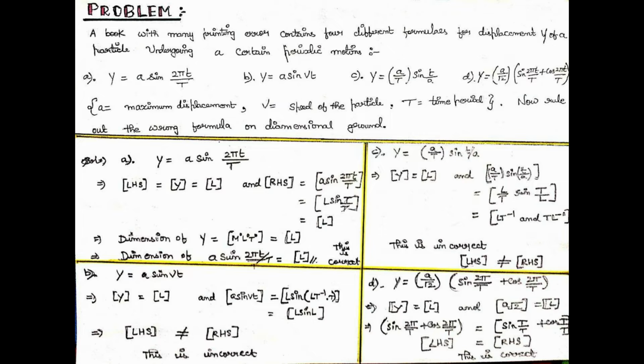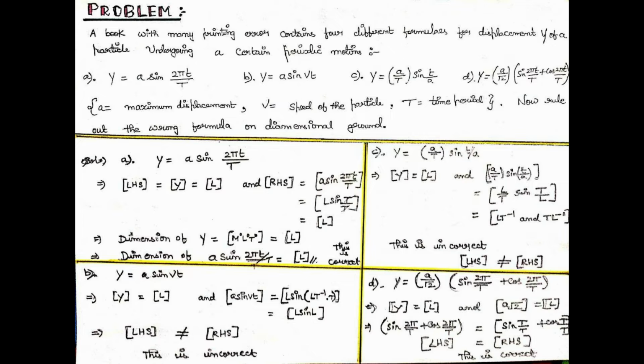Option D, y equals a by square root of 2 multiplied by sine 2 pi t by T plus cos 2 pi t by T. Here a is the maximum displacement, v is the speed of the particle and T is the time period. Now we have to find the wrong formula on dimensional grounds.